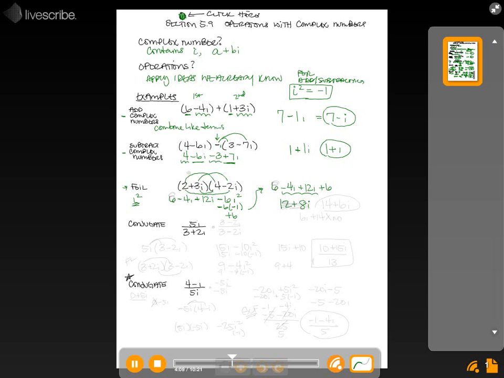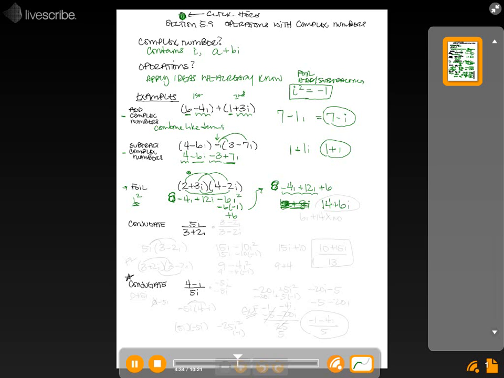And as I was working that out, hopefully you caught my mistake. I did make a mistake here. Right here is where my mistake is. 2 times 4 is not 6, it's 8. So we need to go through and change that. So now, instead of being 12, we have 8 plus 6, which is 14. So our answer is 14 plus 6i.